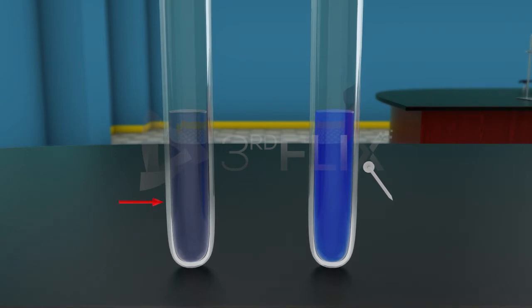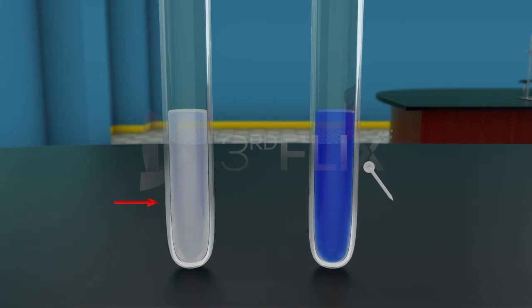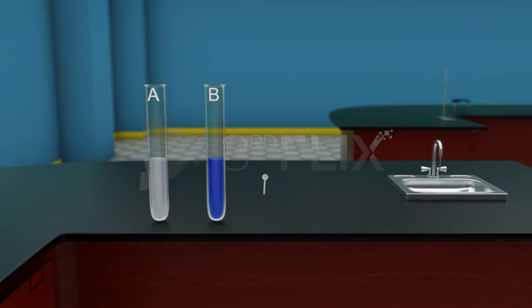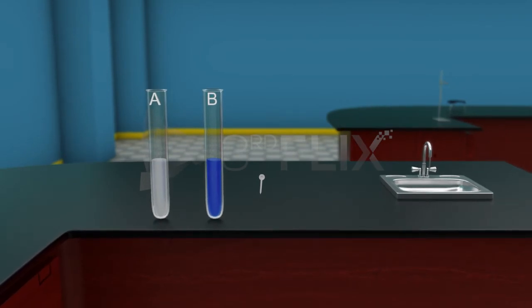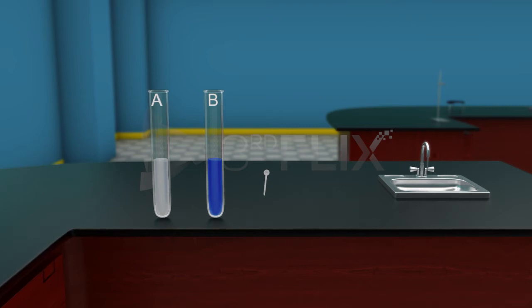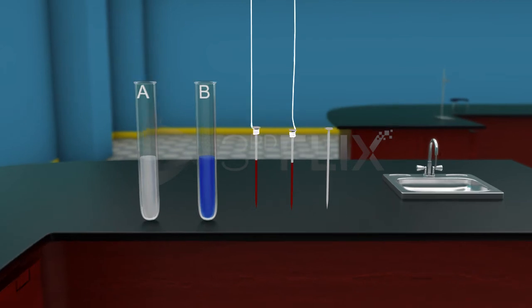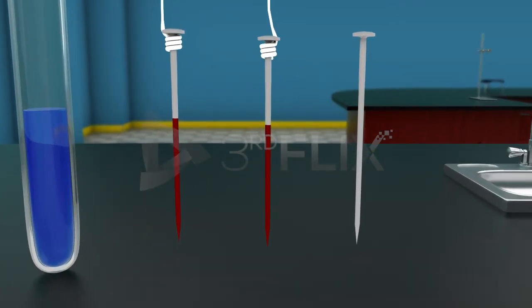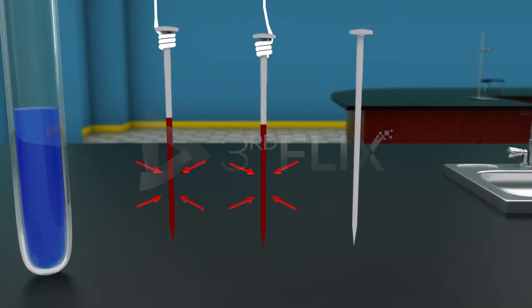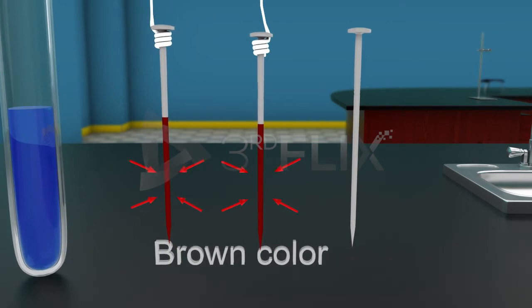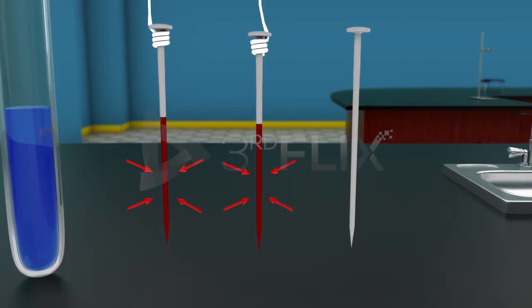The copper sulfate solution in test tube A has turned colorless. Now compare the color and texture of the iron nails dipped in the copper sulfate solution with the third nail kept beside them. The nails dipped in copper sulfate solution turned brown with a rough texture.